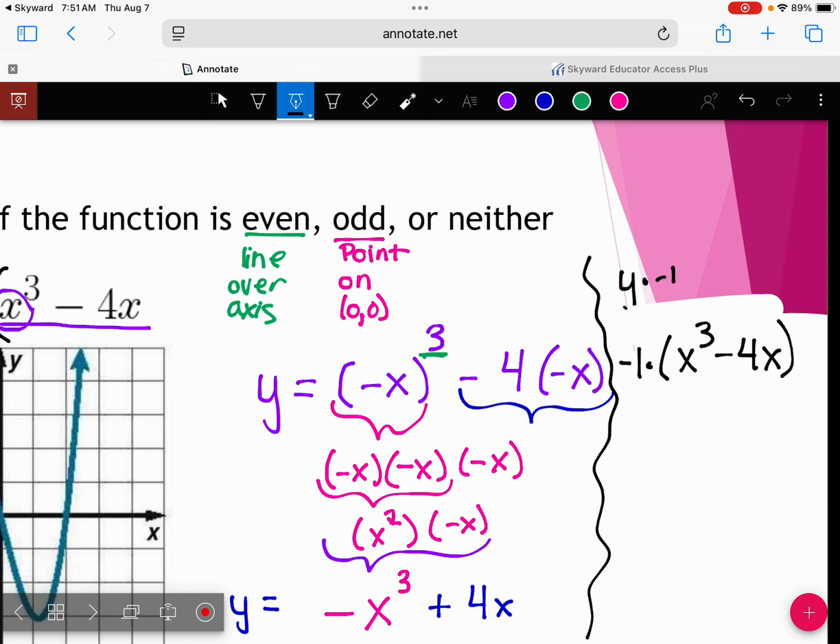If I distribute that through, we're going to have minus 1 times x cubed, also known as minus x cubed, and minus 1 times 4x, we get plus 4x.